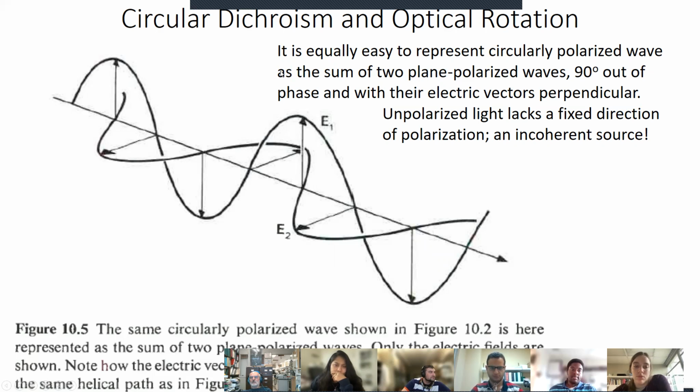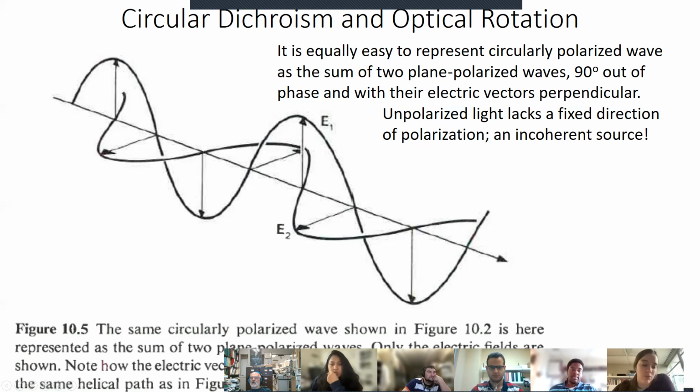And when you create two beams, polarized but out of phase, the sum of these vectors will give you circularly polarized light. And so the text, or my version of the text, is explaining it here. Represent circularly polarized light as the sum of two plane polarized waves, 90 degrees out of phase, with their electric vectors perpendicular to one another. So this one is in the z-axis, this one is in the y-axis on that previous representation.